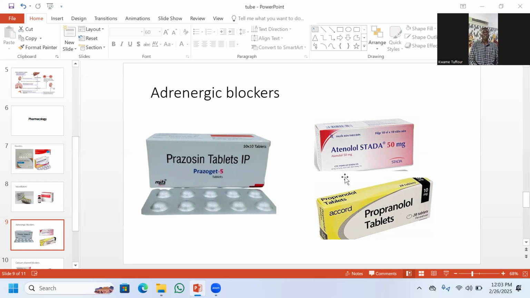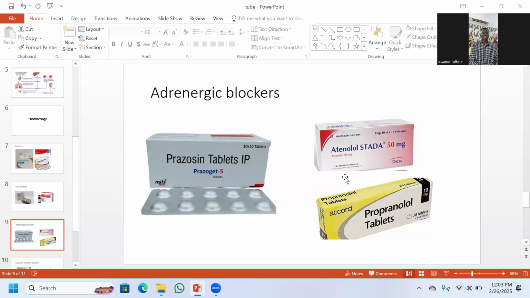So the alpha adrenergic receptor, that is alpha 1, is found in the blood vessels. And whenever it is activated, it causes constriction of the vessels. Alpha receptors, whenever they are activated, cause the blood vessels to constrict. And remember that that will increase peripheral resistance and therefore increase the blood pressure.